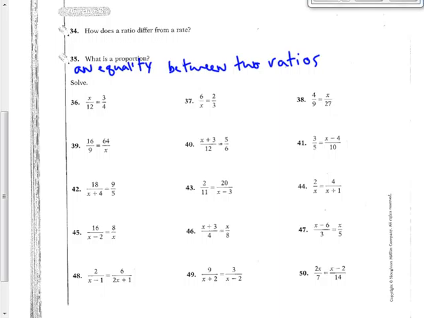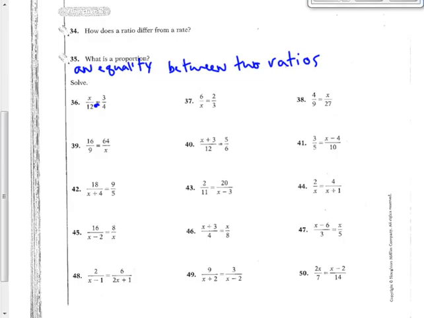And essentially what we're going to be looking for is what is the comparison, or what is the rule that happens. When there's only this one problem up on top, like in number 36, where I'm looking for just the x value, there's a few different ways that we could do this. The first way would be to look at the numbers that are together. So I've got a number here with 12 and 4, and I can look at, well, what did I do to 12 to get 4?